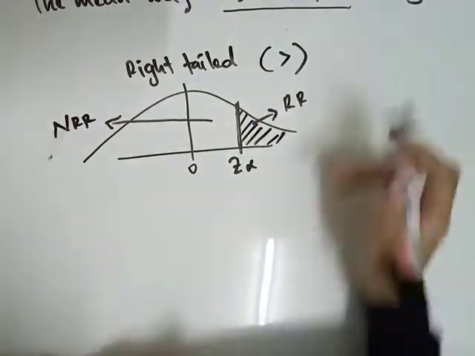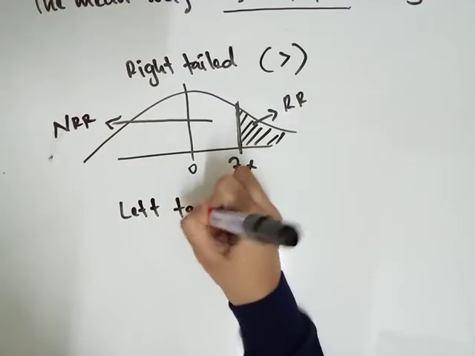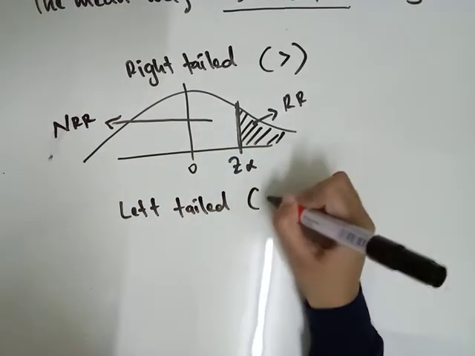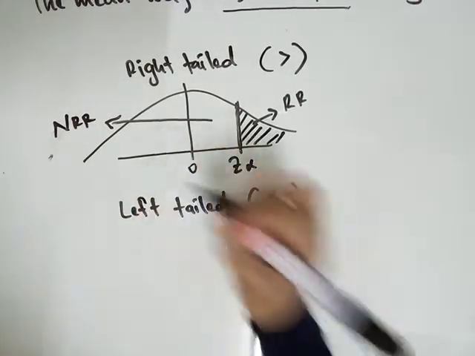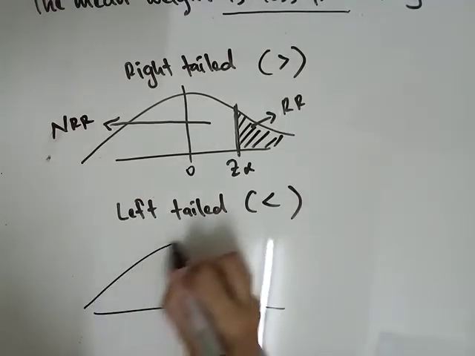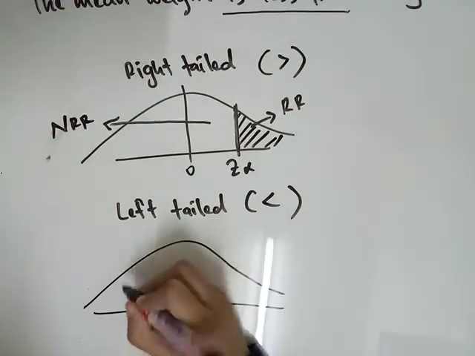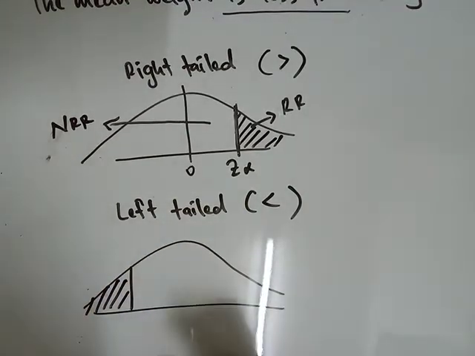For left tail, kalau left tail macam mana? What is the sign for left tail? It is less than. Okay, so we need to draw the graph for left tail. So the area is the left side. And then this is critical value.